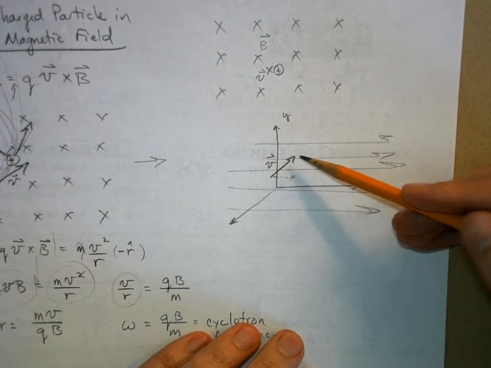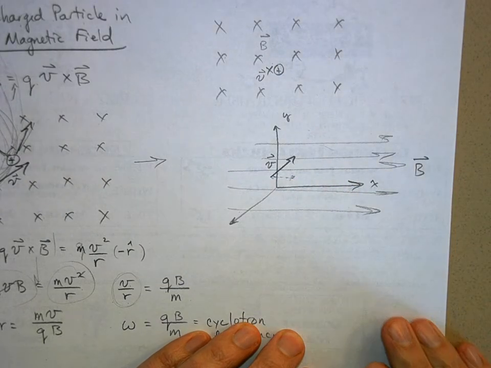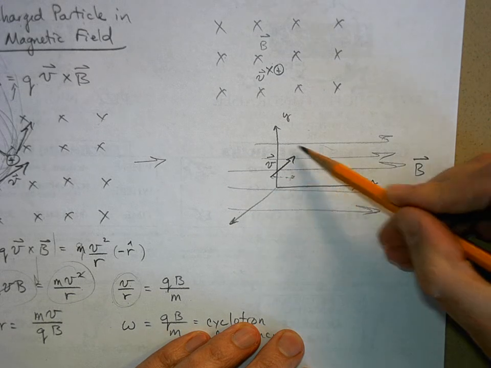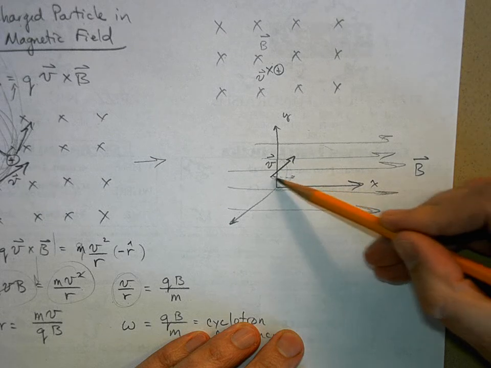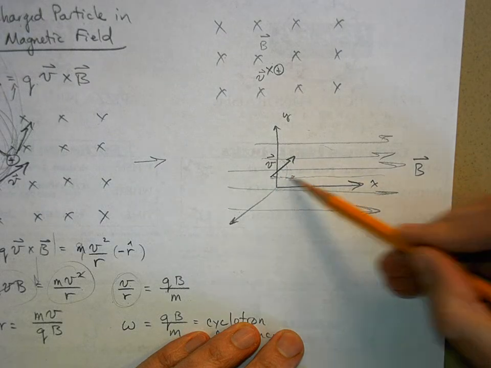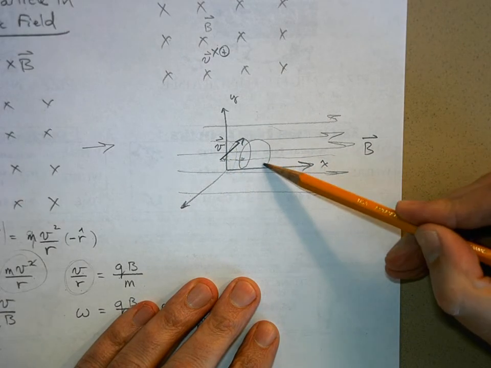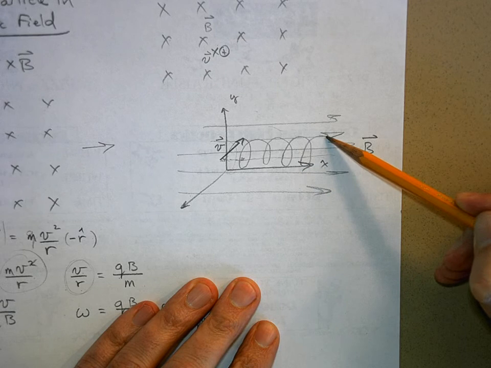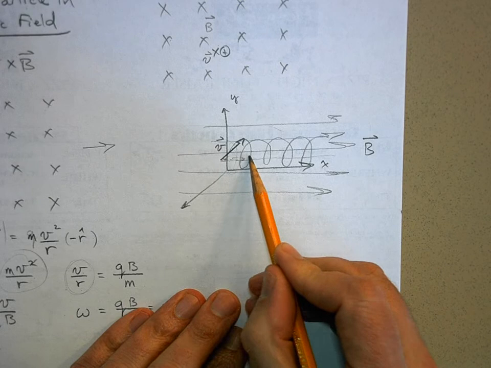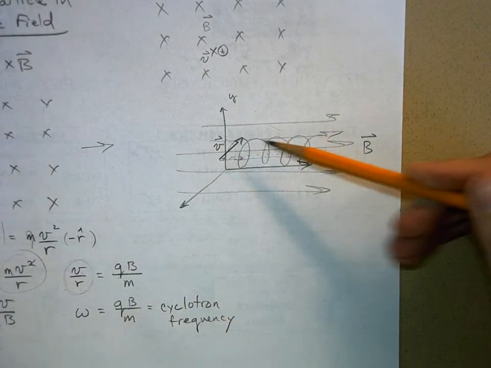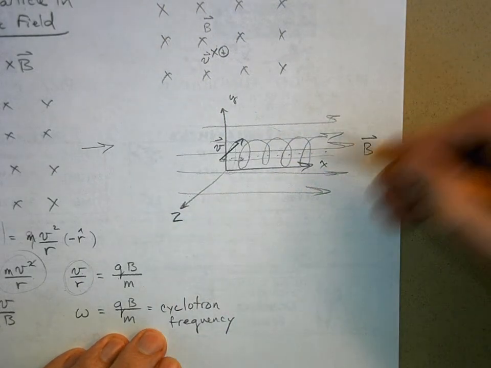But the component of the velocity that is perpendicular to the magnetic field, here's our B field right here, is going to cause a centripetal force. And it's going to spiral while it moves along in X with a constant velocity in the X direction. So basically it's going to move in a spiral like this in space. And that's pretty cool. The X component of its velocity stays constant, while the component in the YZ plane goes in a circle in the YZ plane.